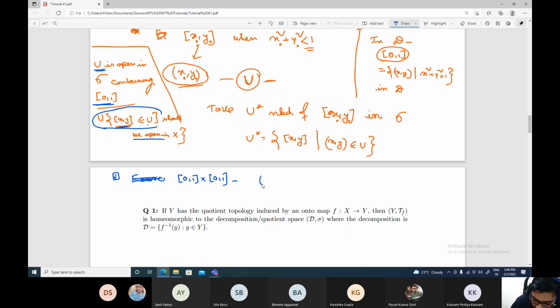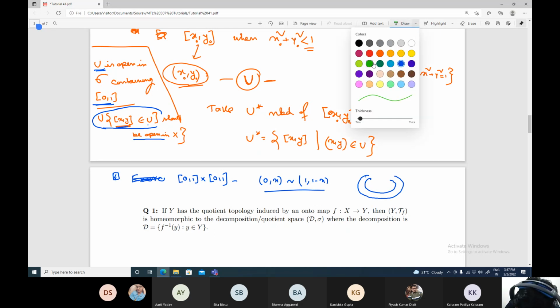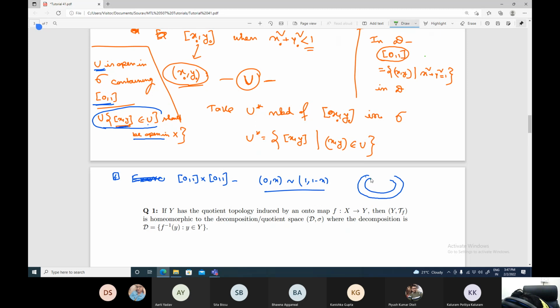We identify (0, x) to (1, 1 minus x), right? And it looks like this. So we have this one, we have this one. Okay, take a different color now. We identify this one and this one. So this is the Mobius strip.